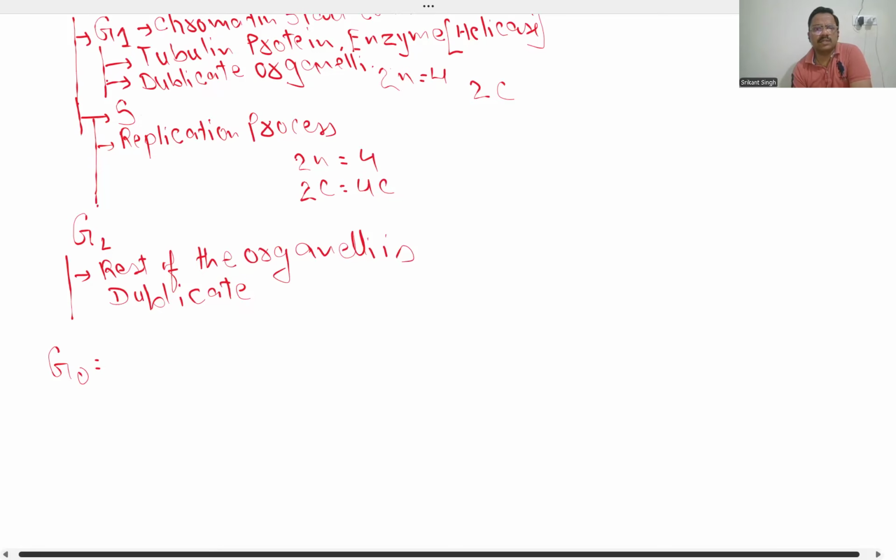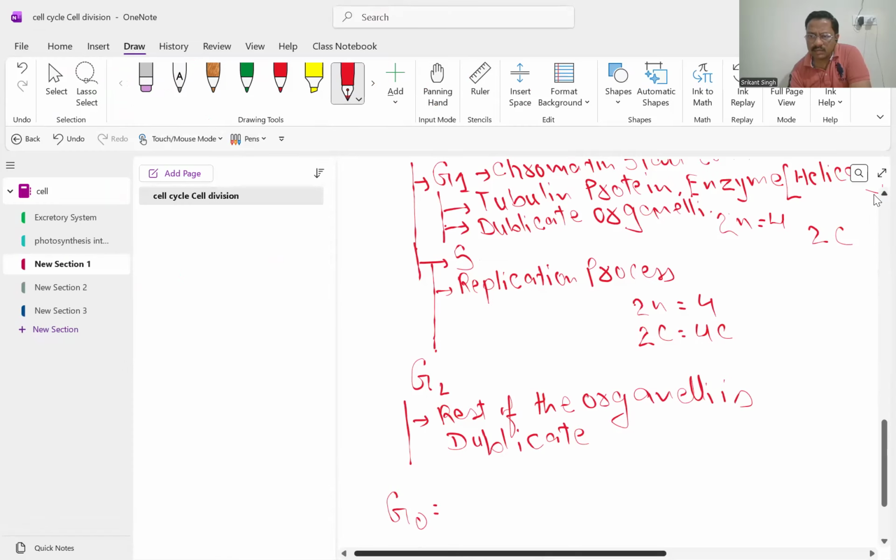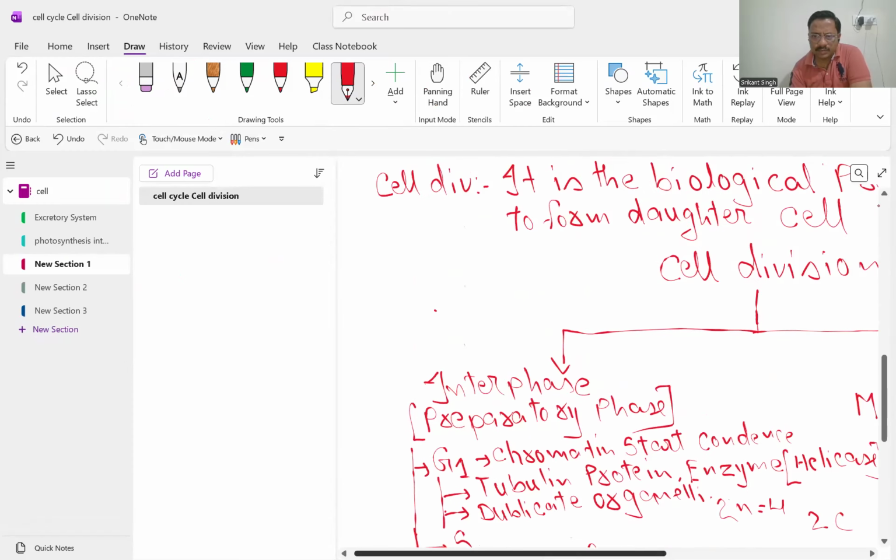So it is the G0 phase. In the NCT, it is the preparative phase. I have already taught you.